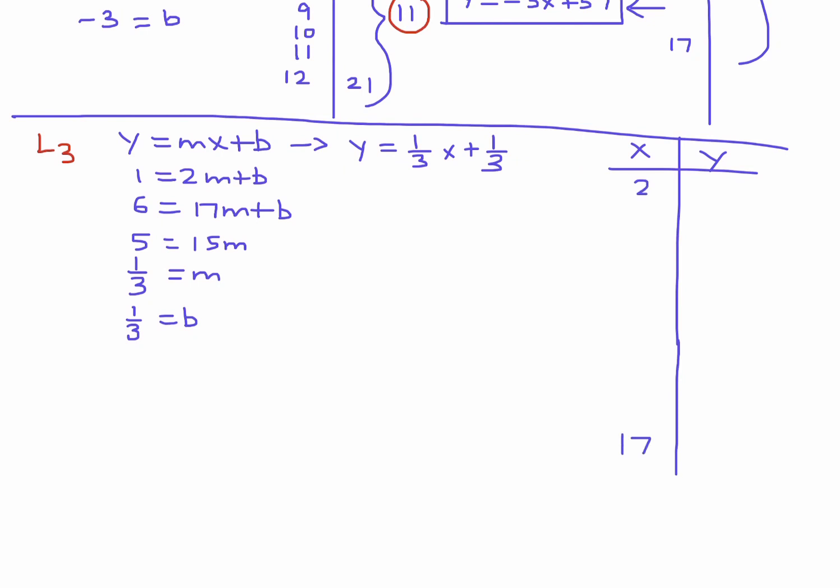But this equation will not hold true the fact that it will be an integer value for every integer value of x, because these are fractions. When x is 2, we get 1. But for 3, it will be 4/3, and that is not an integer solution.